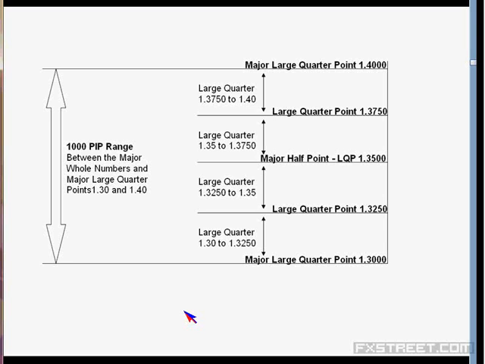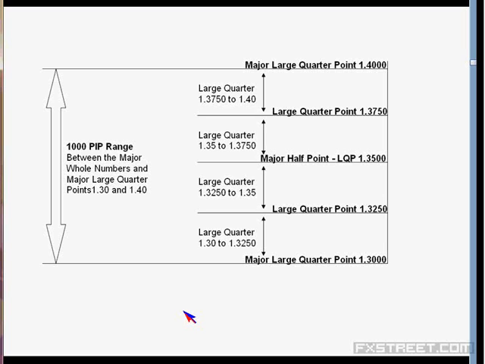Each 1,000 pip range contains 4 large quarters, and each large quarter has exactly 250 pips. The numbers that mark the beginning and the end of each large quarter are given the name large quarter points. The large quarter points that coincide with major whole numbers are also called major large quarter points.